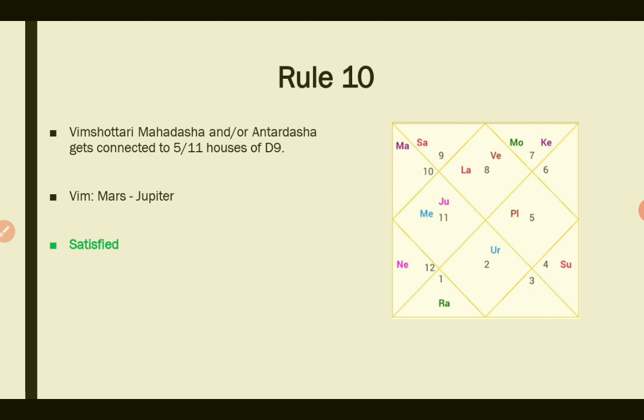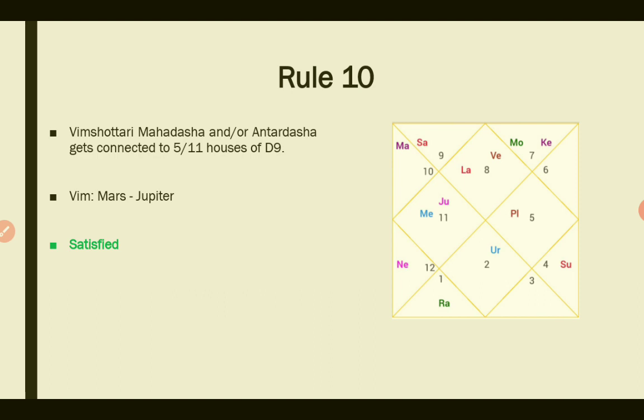Mars, Jupiter. Is Mars somehow connected to the 5th house? We see that Mars is not connected to the 5th house. Neither it is sitting in the 5th house, nor it is aspecting the 5th house, nor it is connected to the 5th lord, which is in this case Jupiter. Now let us look at whether it is connected to the 11th house.